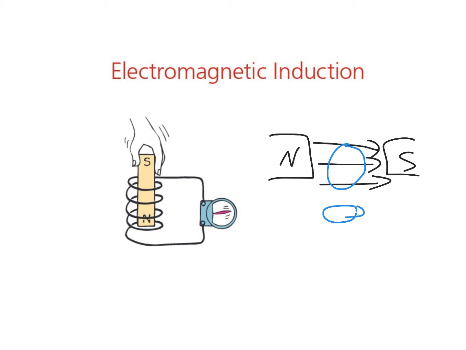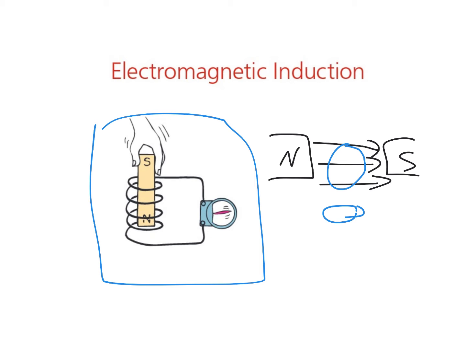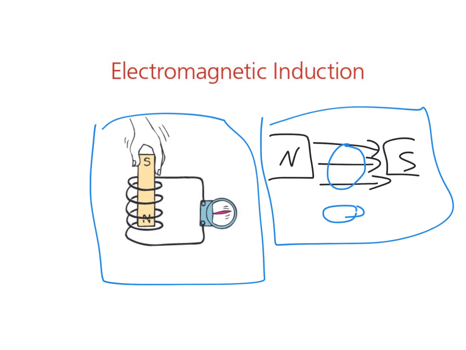So let me say this again so that it's really clear. Over on the left here, I've got a stationary coil and a moving magnet, and I'm shoving the magnet into the coil. Over here, I have stationary magnets and a coil that can rotate.